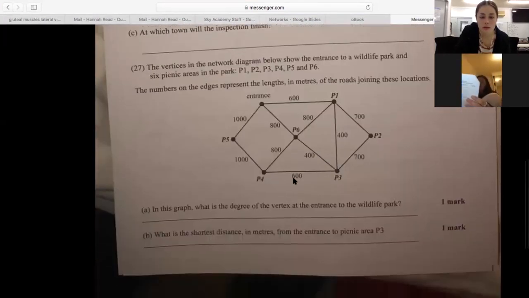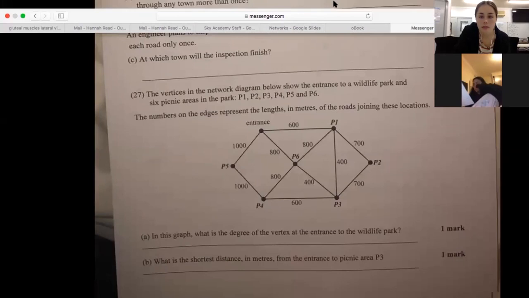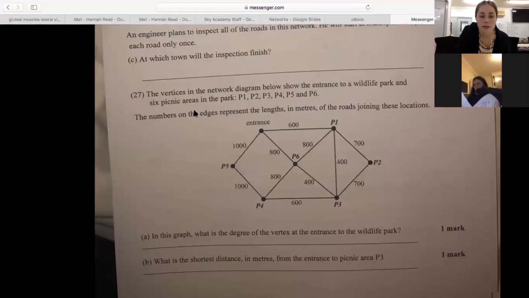The network diagram below shows the entrance to a wildlife park and 6 picnic areas in the park. In this graph, what is the degree of the vertex at the entrance to the wildlife park?